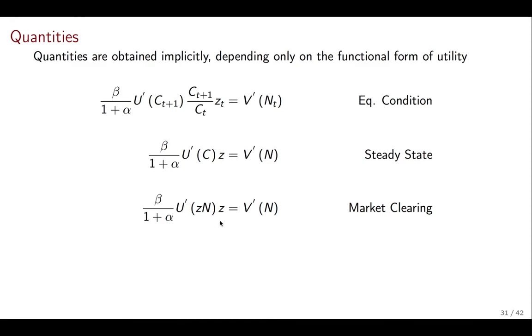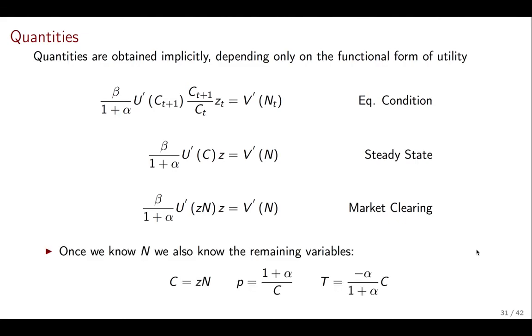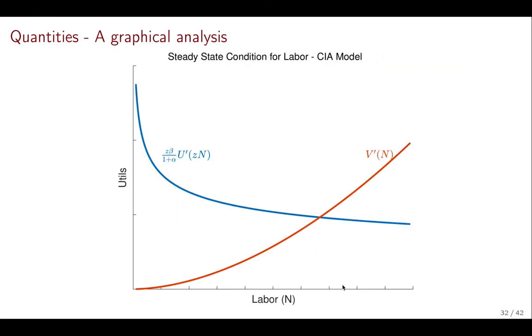So we can use this equation to figure out not only the equilibrium, but also some properties of it. Once we've solved this equation and we know n, then you can use n to get consumption, to get prices, and also to get transfers. So that kind of solves all the quantities. How does that look? Well, here I'm graphing the left-hand side.